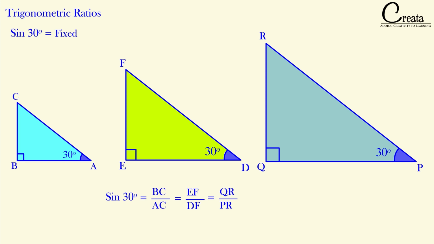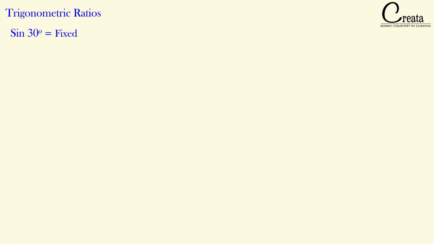Similarly, you can take cos 30 degree, that is base over hypotenuse. The ratio of base over hypotenuse in all the 3 triangles will be equal if the trigonometric angle is 30 degrees. So we got a concept: the trigonometric ratio values are fixed for specific angles. If we take sine 30 degree, it will have some value. If we take sine 60 degree, it will have some value.